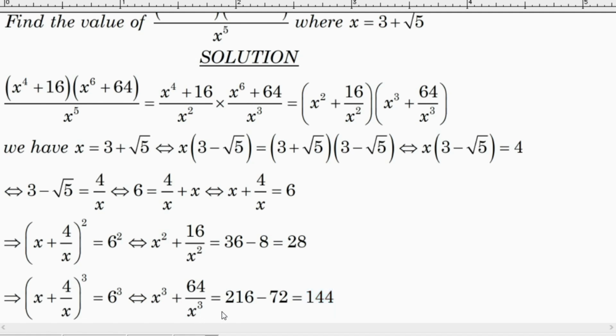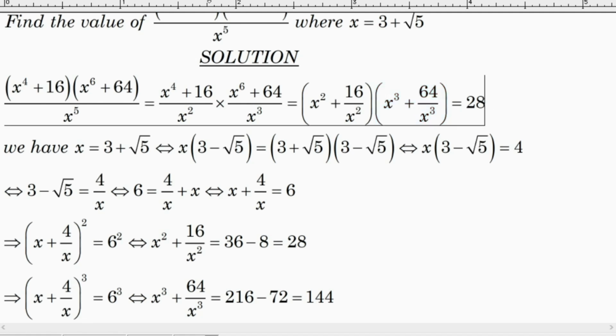Then we will take the answer for this and this, substitute into this equation. Okay, now then that will be 28. Substitute in here, which is equal to 28, and then times with here, which is equal to 144.